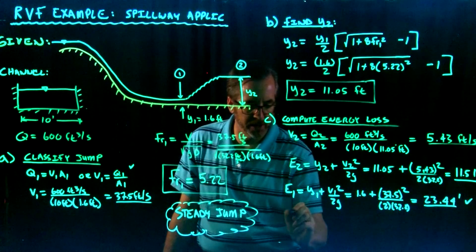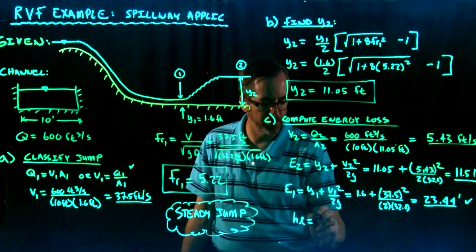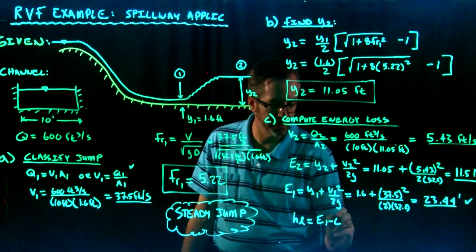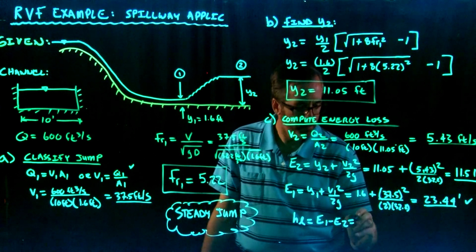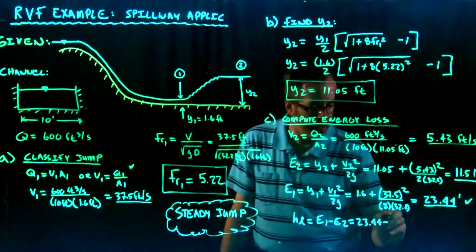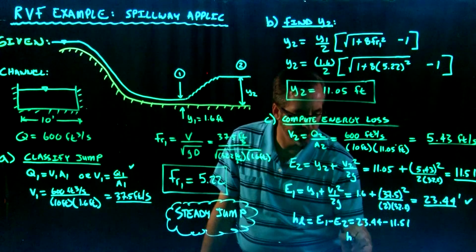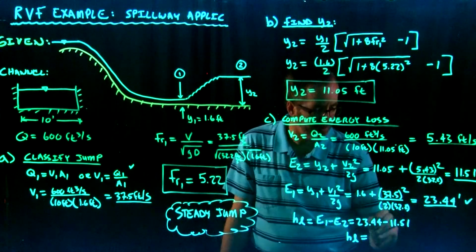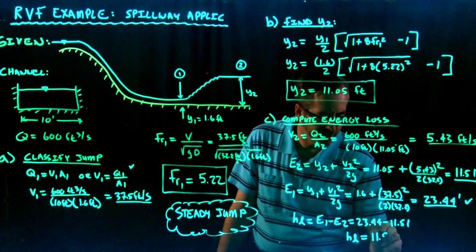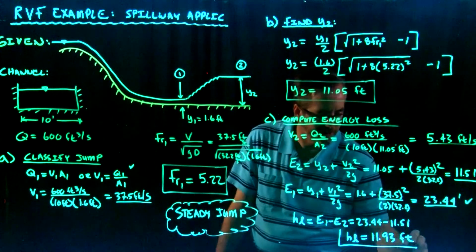So I know the energy at each point. My lost energy, or my head loss, between those two is just going to be the energy at 1 minus the energy at 2, which comes out to be 23.44 minus 11.51. My energy loss ends up being almost 12 feet, 11.93 feet.